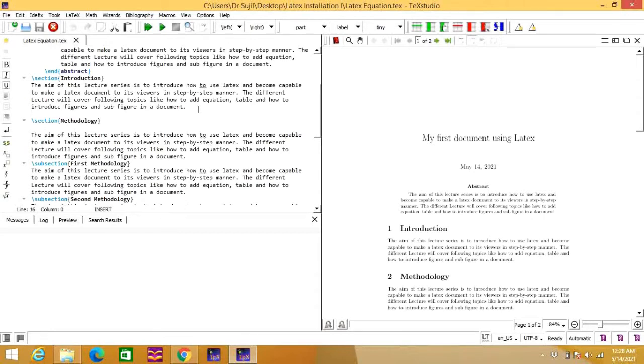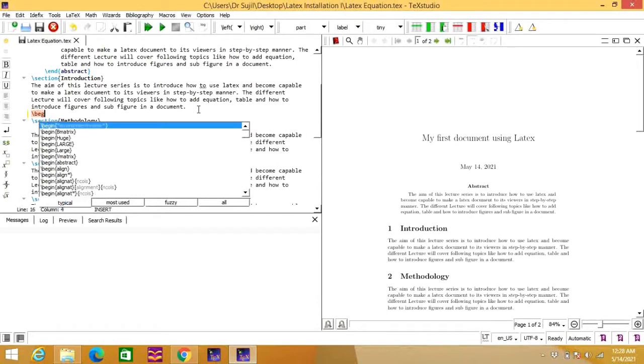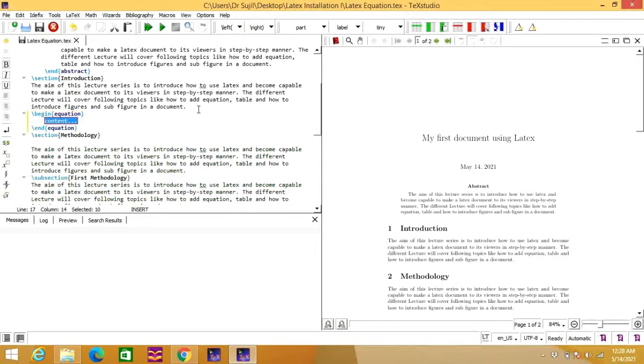For inserting an equation you need to write slash begin equation, and when you press enter, it automatically generates a command called end equation. At this place you need to place the content that you have copied from the online equation editor.